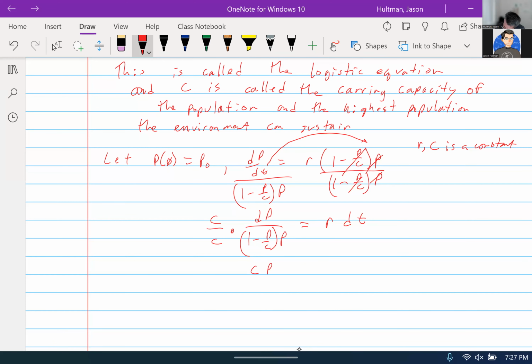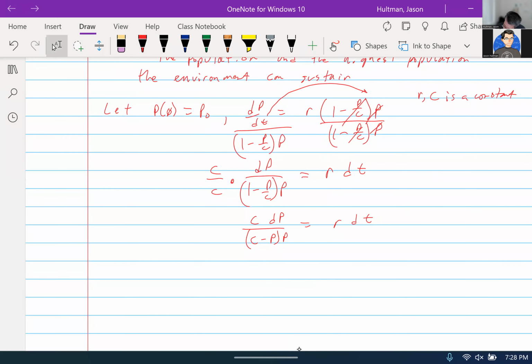So this is C dP over C minus P times P, is equal to r dt.